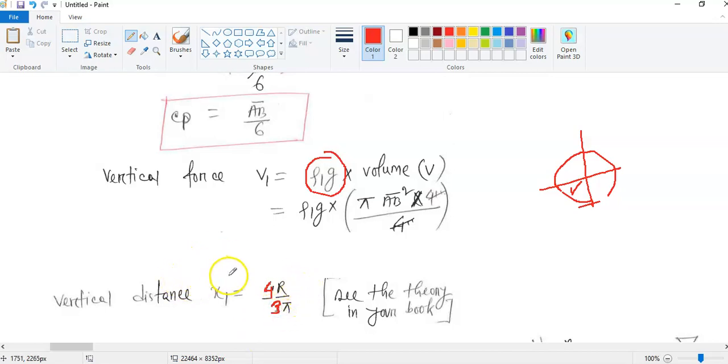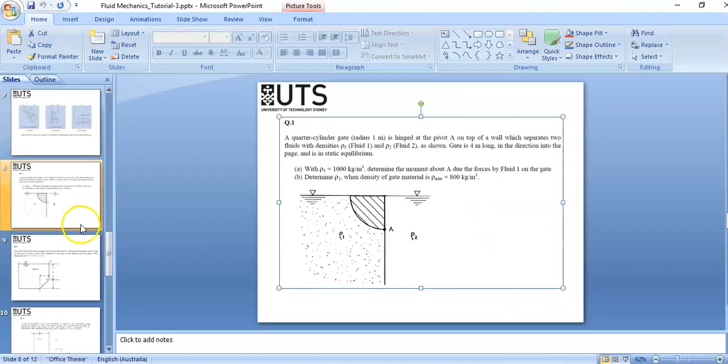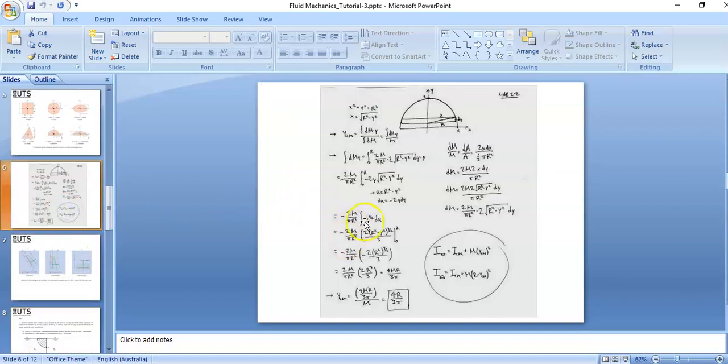So we need the vertical distance. Look here, guys, this is the vertical force acting this way, and this is the distance. How will you calculate this distance, x1? I said the vertical distance is 4r over 3 pi. Let me just quickly show you this here. I believe I have a picture for you. You see, this is for a semicircle or quarter cylinder.